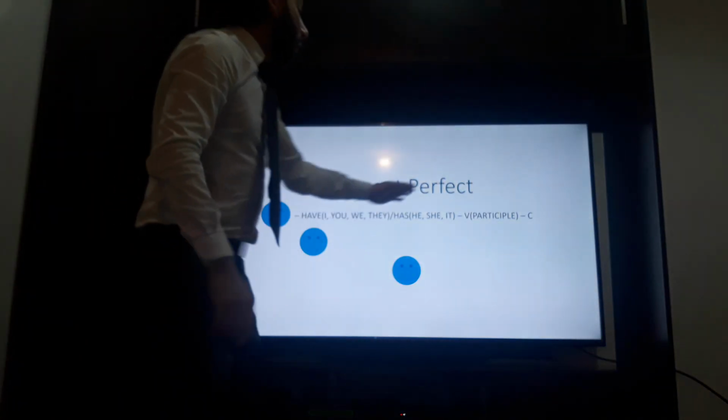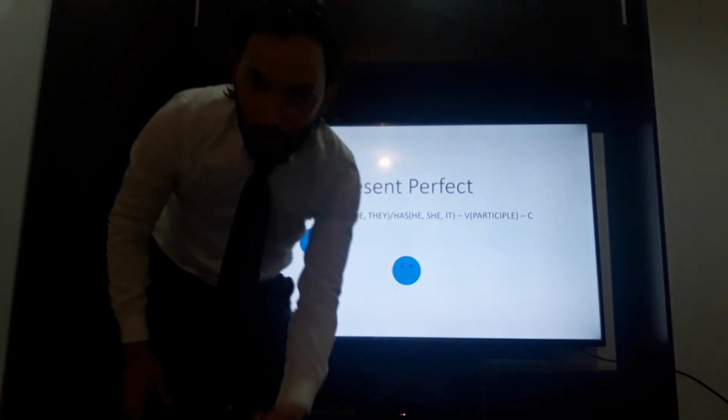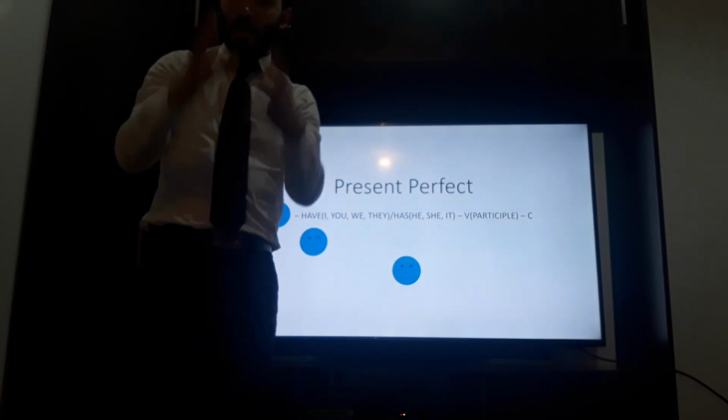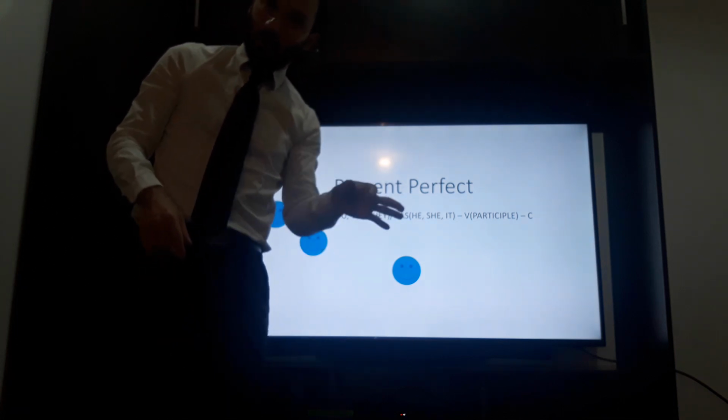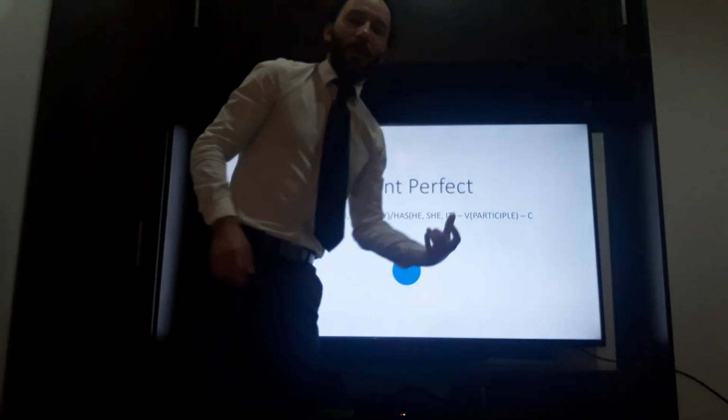So it works differently in some tenses. The main verb in past participle. That means the third column that you have in the dictionary, your list. Because you know that you have the base form, the past simple, and the past participle. And of course, our complement.